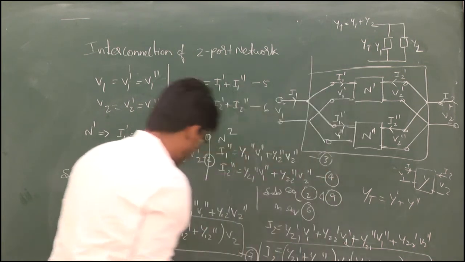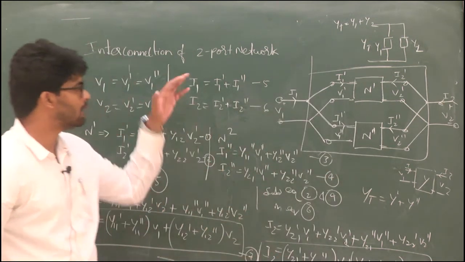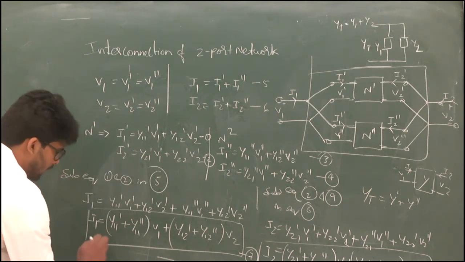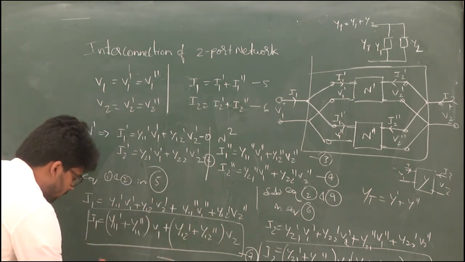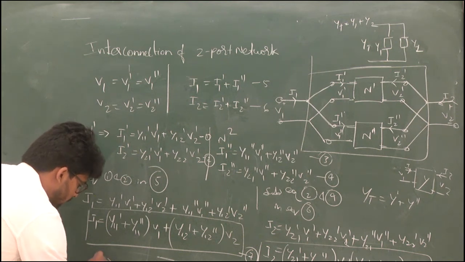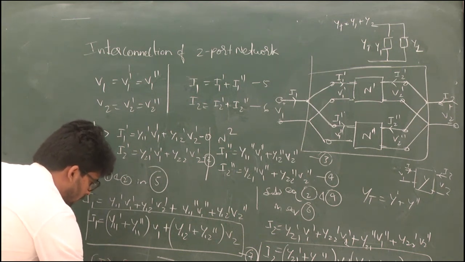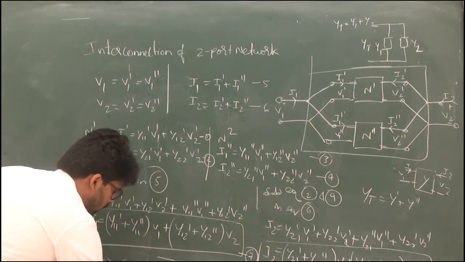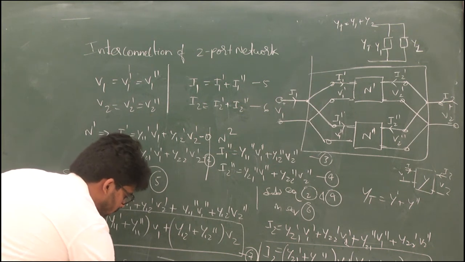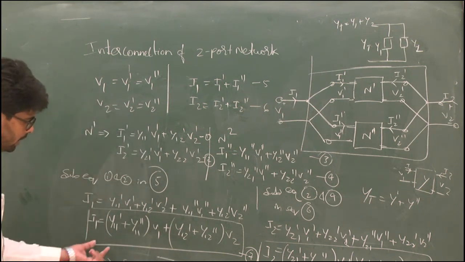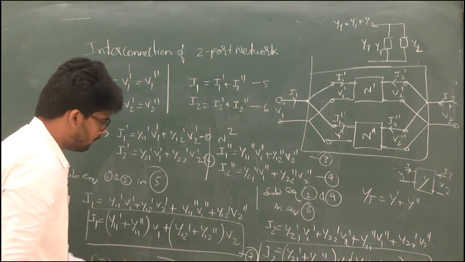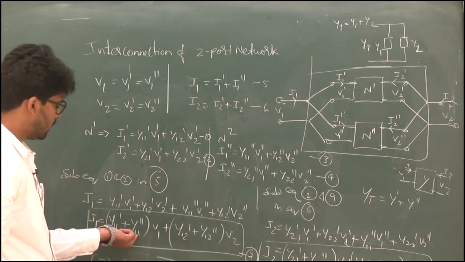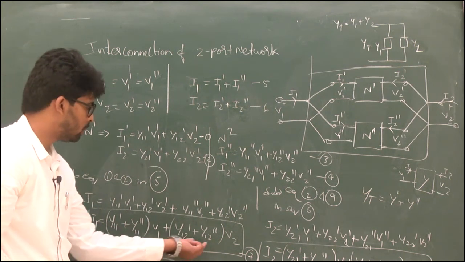So comparing equations 7 and 8 with the overall Y parameters, where I1 and I2 equal the matrix Y11, Y12, Y21, Y22 times V1 and V2, comparing I1 and I2, you get the overall parameter Y11 equal to the sum of the parameters of these two networks.